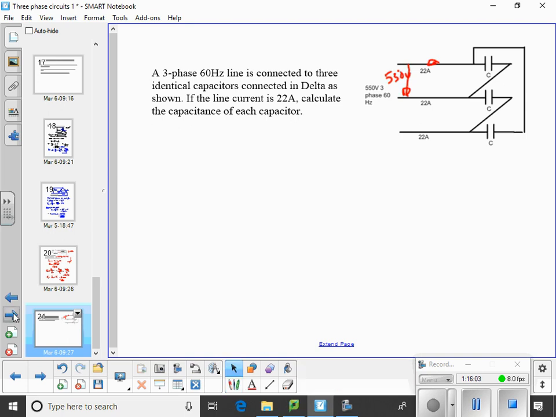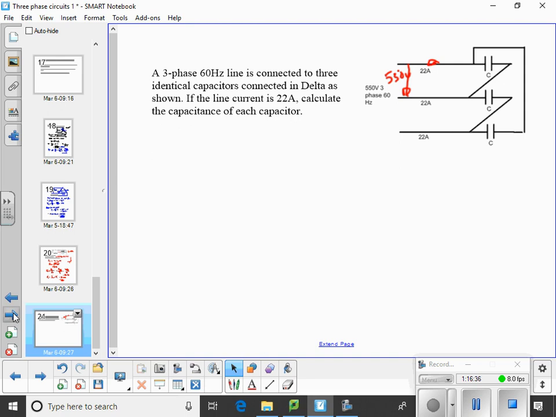So we can deal with one. We only need to calculate for one. What can we do? We've got no resistance in it at all.